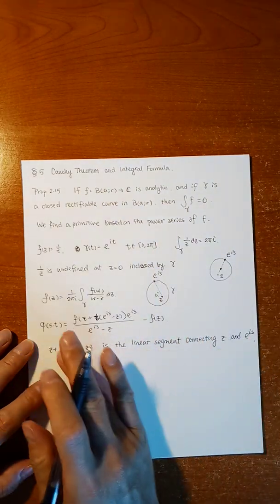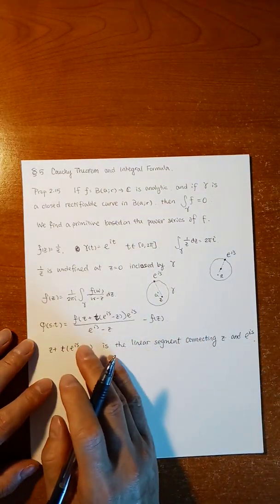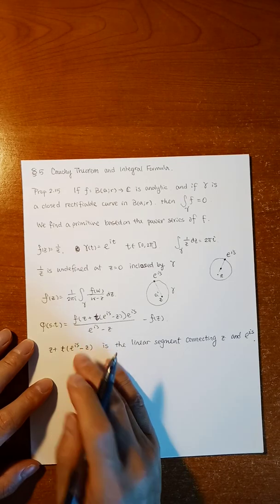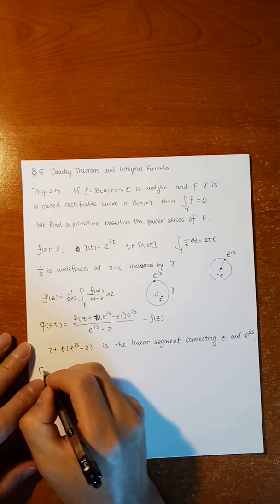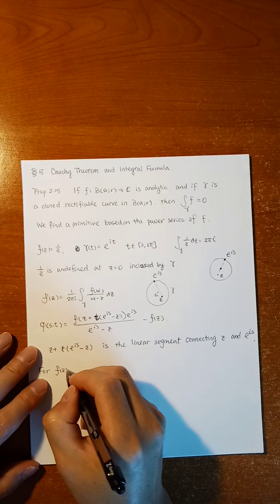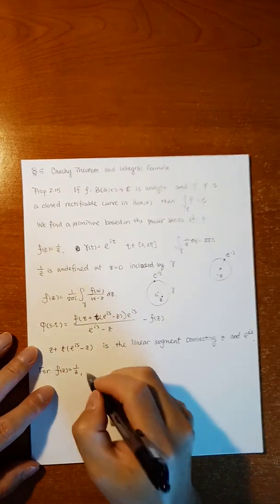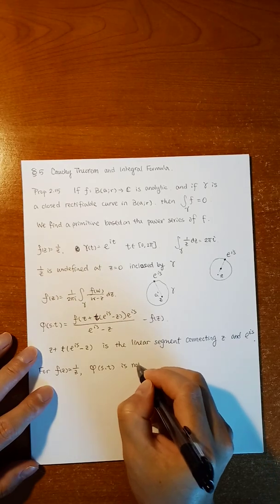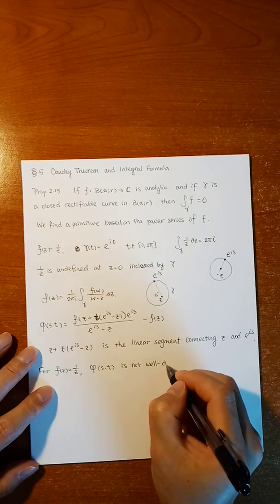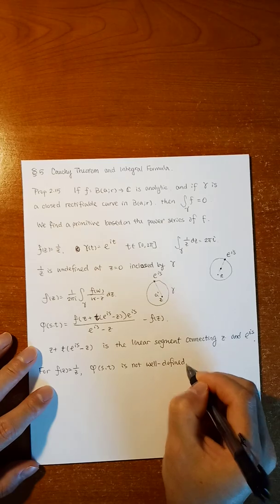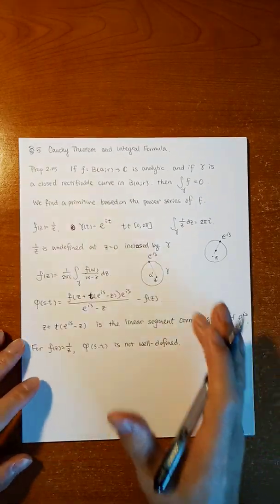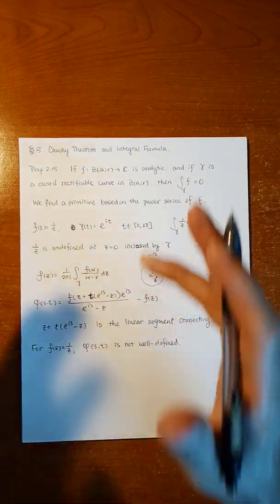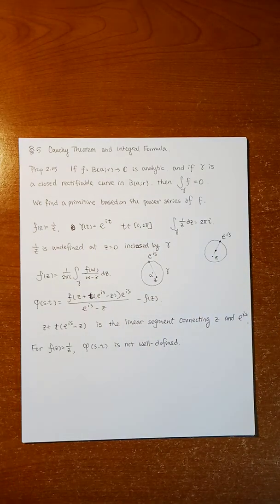So this definition of phi s, t is not well defined. That's why we cannot have theorem 2.6. Without theorem 2.6, we cannot have a power series expansion, so all the techniques fail.